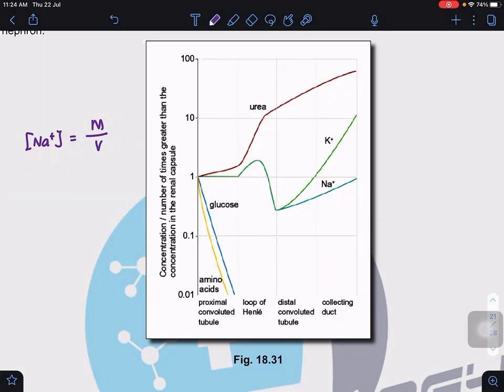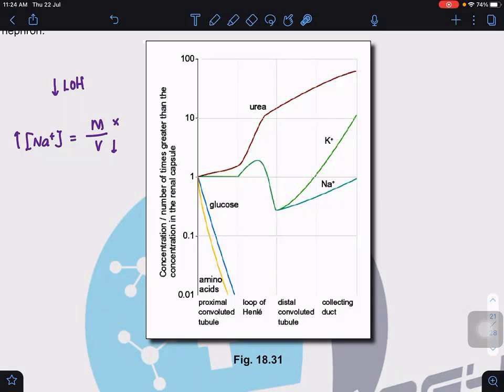In the descending limb of the loop of Henle, volume decreases, mass no change. So therefore, sodium and potassium ion concentration now increases. Okay, clear or not? But after that, this part is the ascending limb. At the ascending limb of the loop of Henle, we continuously pump out the sodium ions. Clear or not? So the concentration actually drops now.